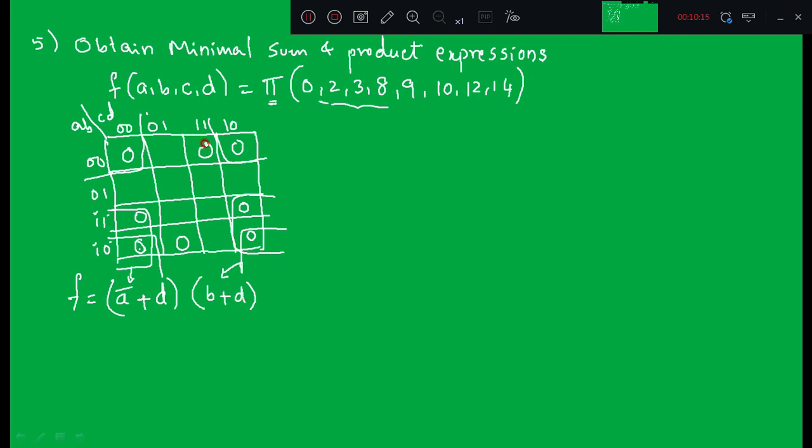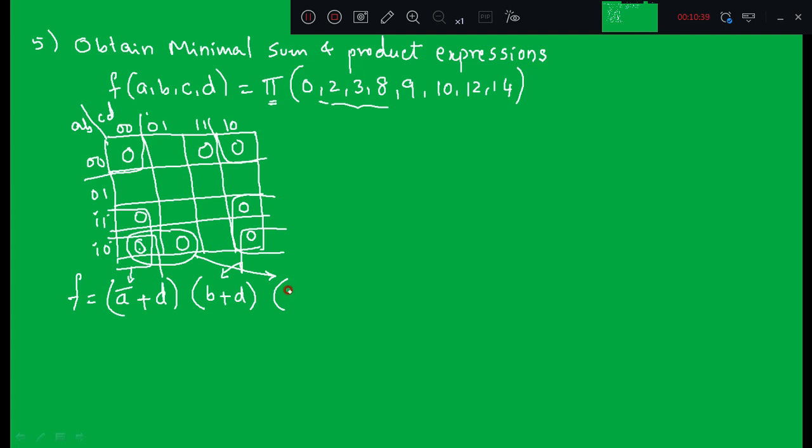Next, two more zeros are left, right? So these zeros cannot be combined with the other three zeros, and this zero also cannot be combined with the other three zeros. Only a 2 zero grouping is possible, right? Group these two zeros, and what is the expression for this? Since you are grouping two max terms, only one variable will get eliminated. What is that variable?